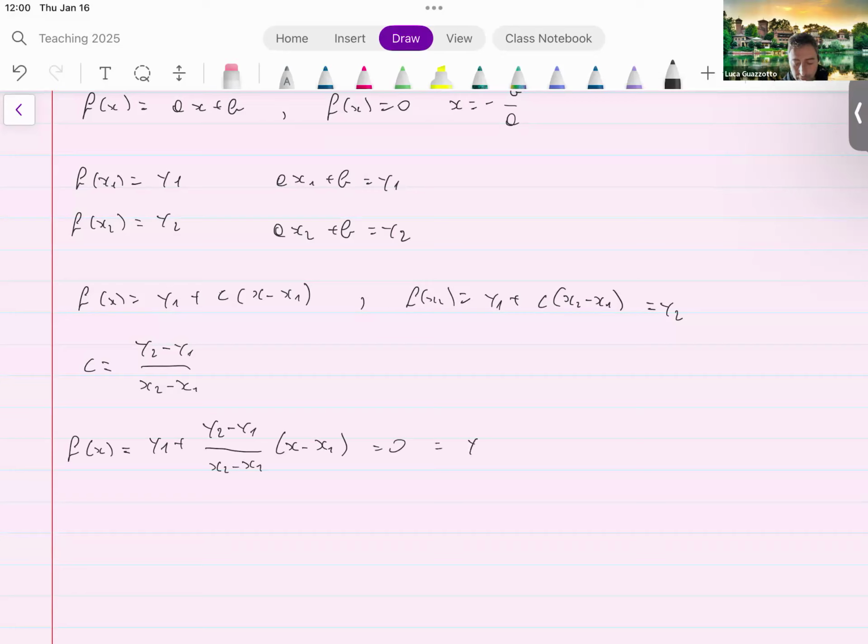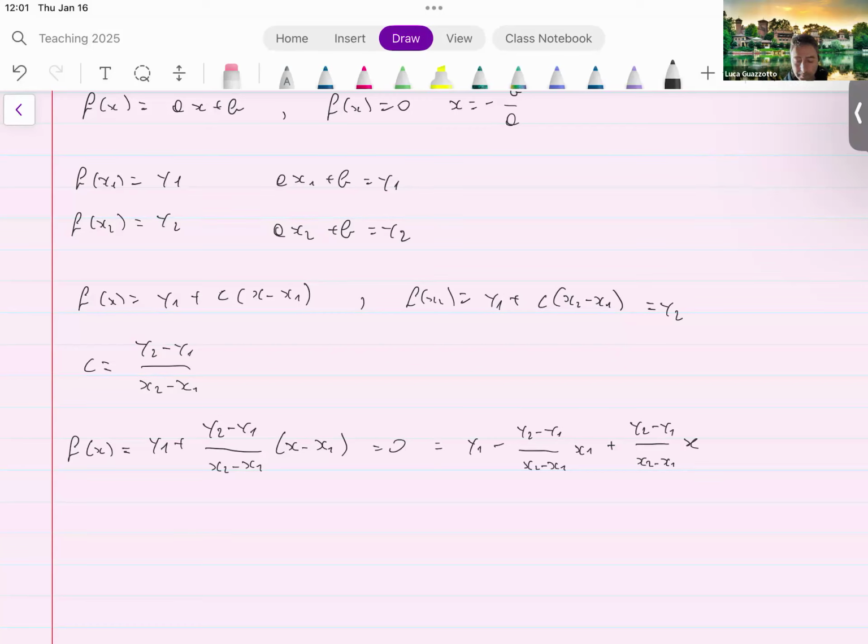So I don't know if it's worth spending all the time writing down the details. So y2 minus y1 divided by x2 minus x1 times x.